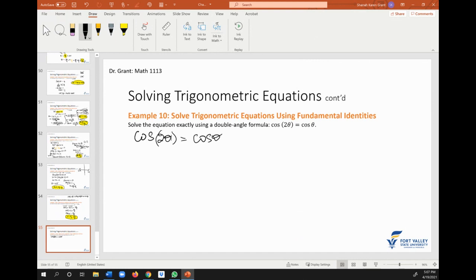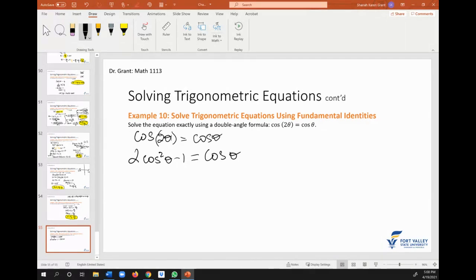We can rewrite cosine 2 theta as 2 cosine squared theta minus 1. This is our double angle formula. We're still going to have this cosine theta on the right-hand side.